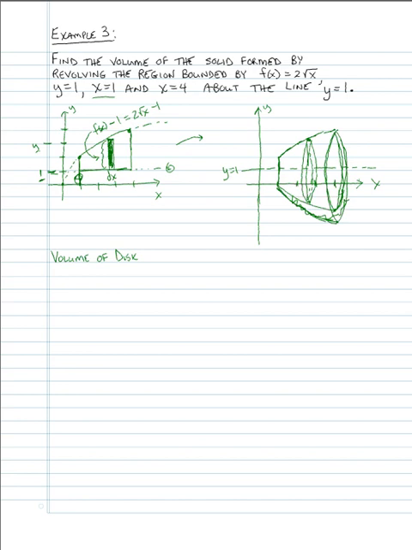Well, once again, let's lay that disc on its side. So we've got something that looks like this when we lay it on its side. I'm not trying to be perfect here, and I'm not trying to be to scale exactly. But the height of this right circular cylinder, this disc, is that dx, because we laid it on its side.